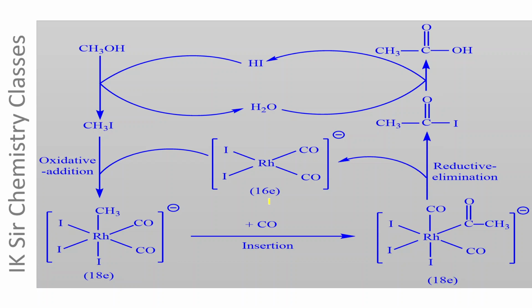This is the catalyst, rhodium catalyst, on which methyl iodide undergoes oxidative addition reaction. As a result of this oxidative addition reaction, the electron count, the coordination number, and the oxidation number of the complex all increase by 2 units.